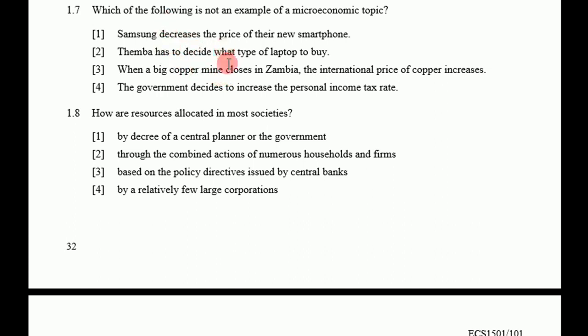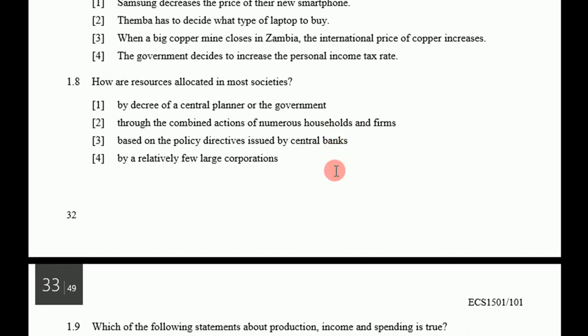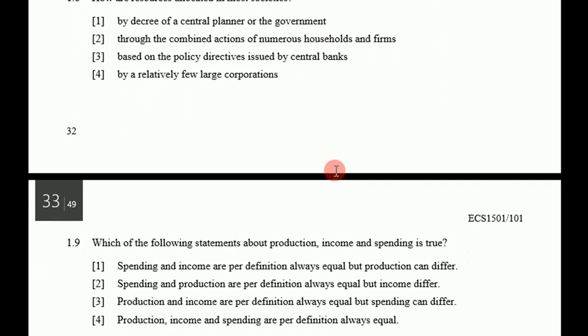It's micro. So how are resources allocated in most societies? Obviously, through the combined action of numerous households and firms. If you know the circular flow, it will be easy.